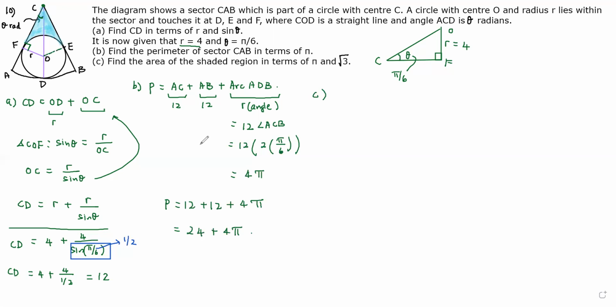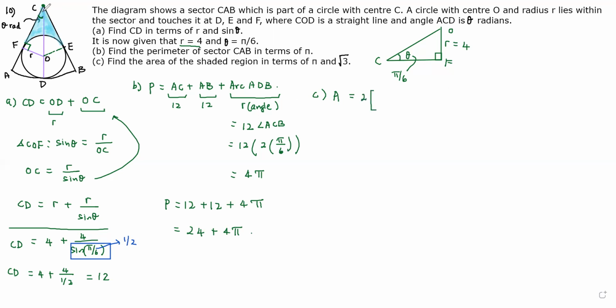If I connect O and E, the area of this shaded region is actually the area of CFOE minus the area of this sector here, sector FOE from this small circle. That area is perfectly symmetrical.